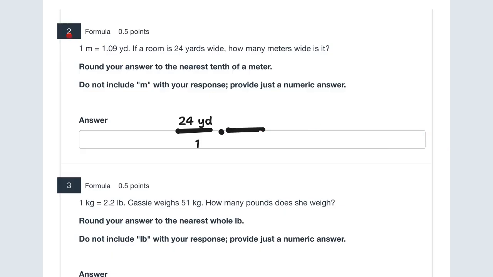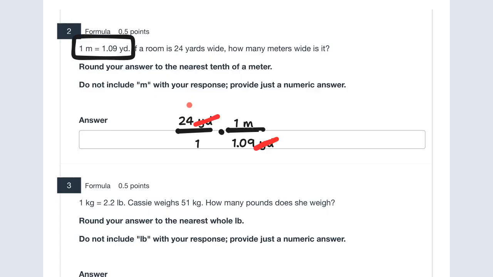I utilize this conversion factor here, and to get yards to cancel, I have to have the 1.09 yards on the bottom and 1 meter in the top. When I do this, the yards cancel, which is what I want to happen.